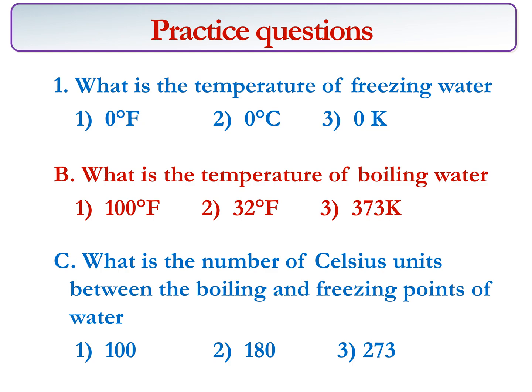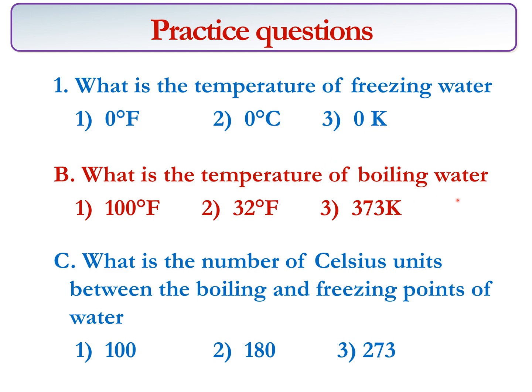So let's have a look at these practice questions. What is the temperature of freezing water? The temperature of freezing water is 0 degrees C, as we saw in the previous slide.